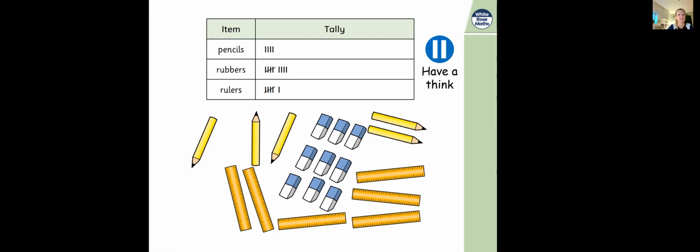What are all those pencils doing? They've drawn 5 pencils there, haven't they? And they only needed 4. Get rid of that one. There we go. That was right. If you drew 9 rubbers like this, the rulers were done for you, and you did 4 pencils, you were absolutely right in that. Pat on the back. Well done.